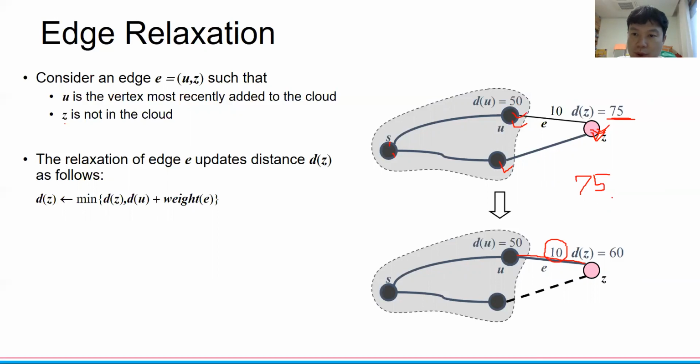So we want to compare 75 and 50 plus 10, and we want to check the minimum. The minimum between 75 and 50 plus 10, which is 60, will be the new value of d(z). So d(z) will have a new value, 60, because 60 is less than 75. So we want to find the minimum.